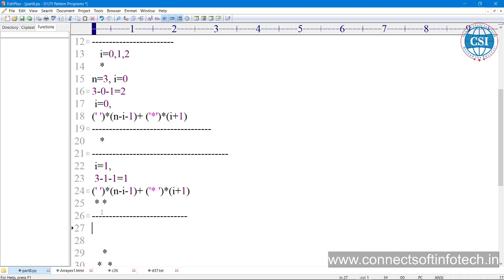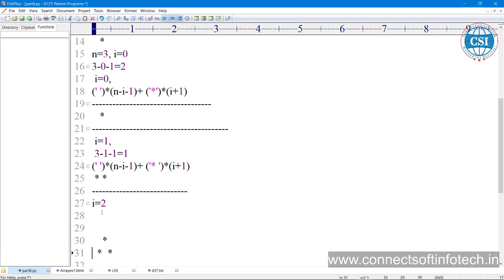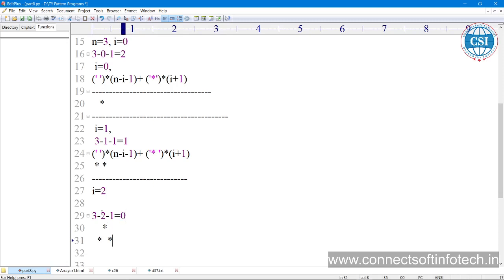When i is equal to 2, 3 minus 2 minus 1 is 0, no space. So that means here is printed asterisk and then space, asterisk, then space.